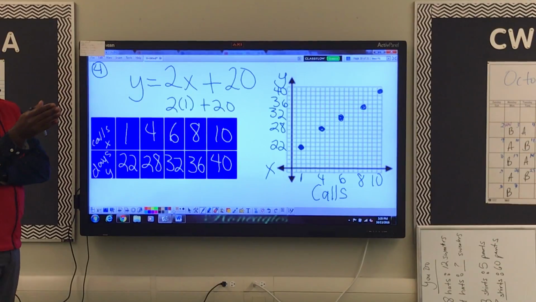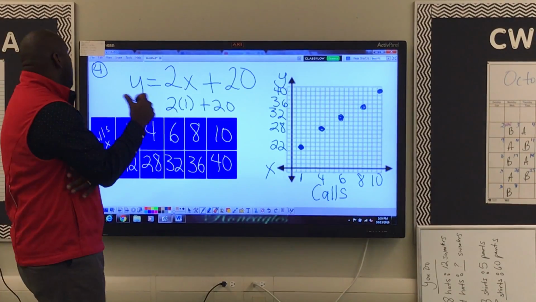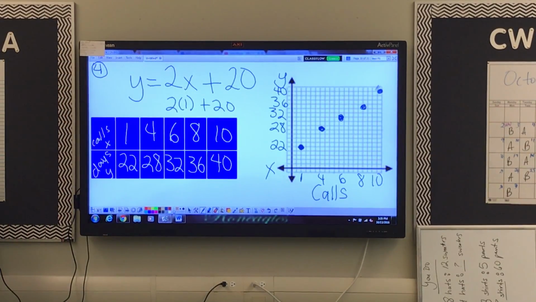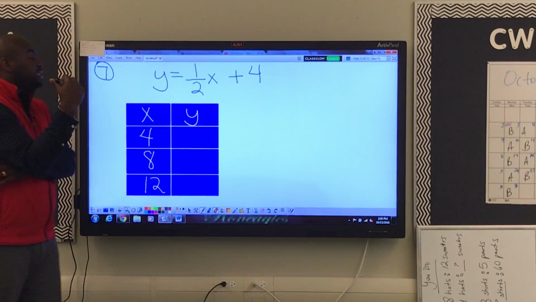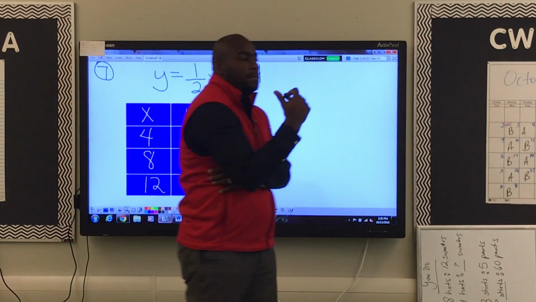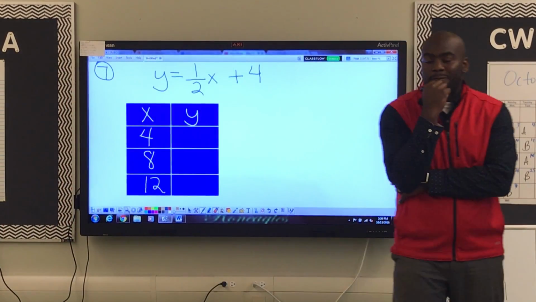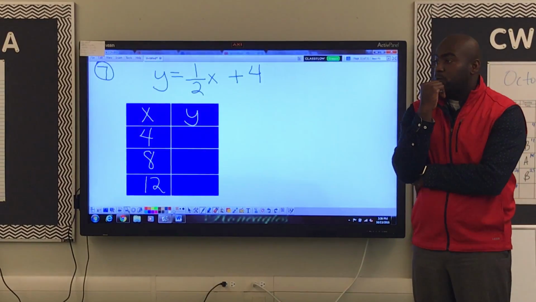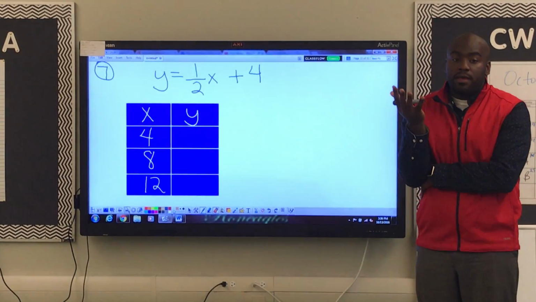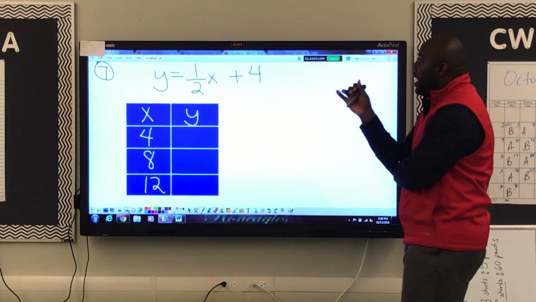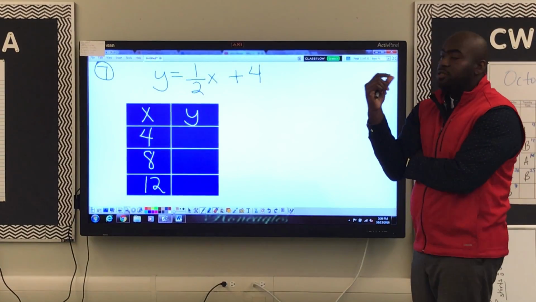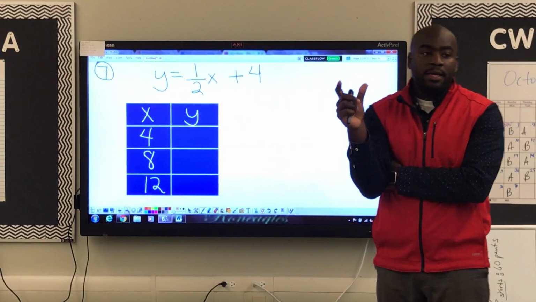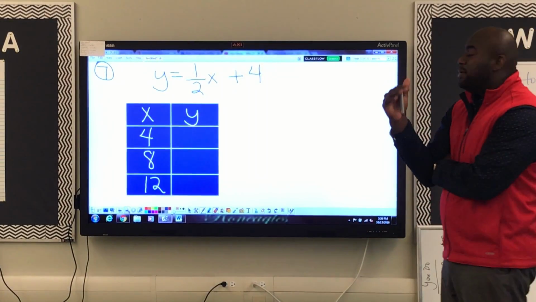You're going to do 5 and 6 on your own. We'll move on to question 7. What's different about this equation? Right, it has a fraction. So y is equal to 1/2 x plus 4. You're going to solve it the exact same way, except there's an extra step.